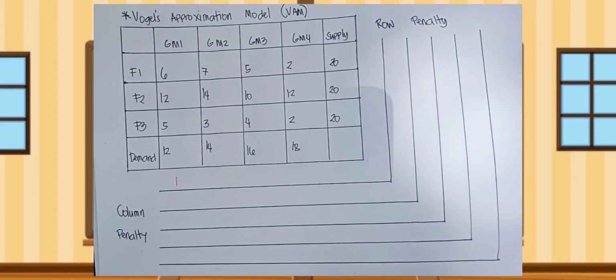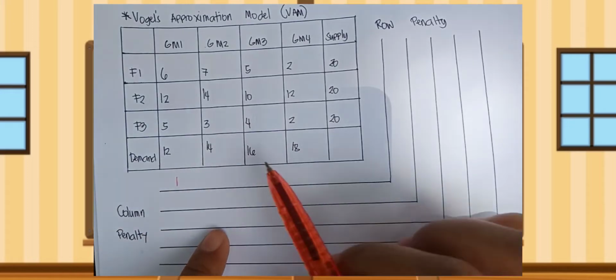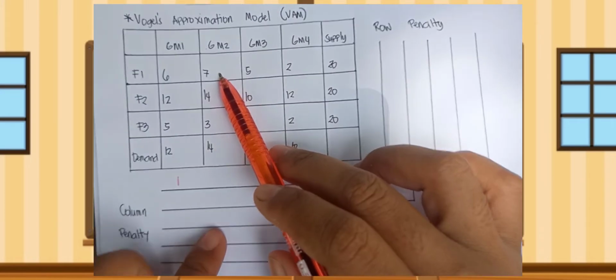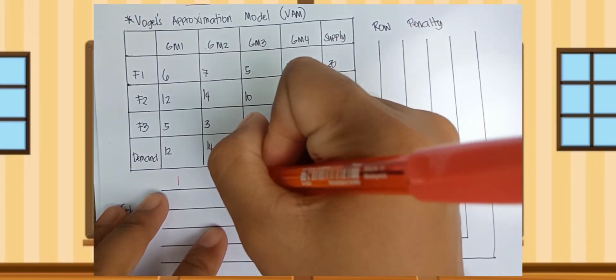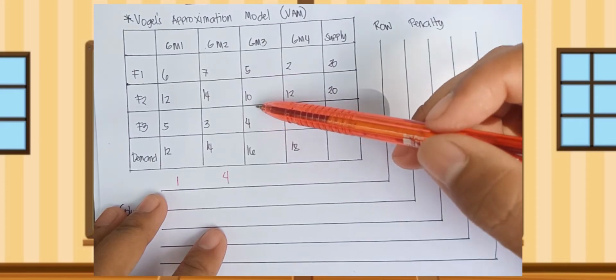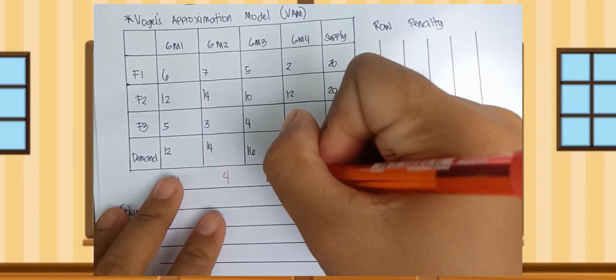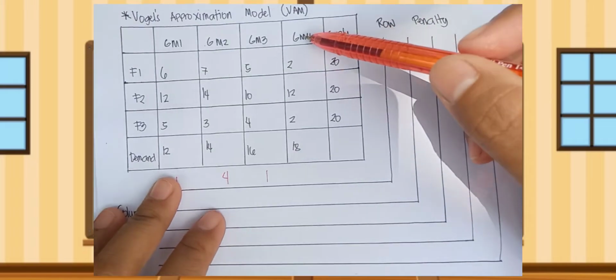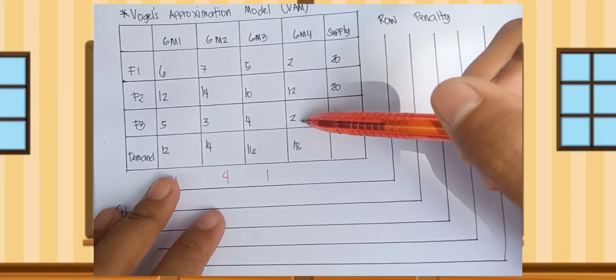And then in this column, we have 3 and 7. So 7 minus 3 is equal to 4. Then next, we have 4 and 5. So 5 minus 4 is equal to 1. Then in this column, we have the same number, 2 and 2.